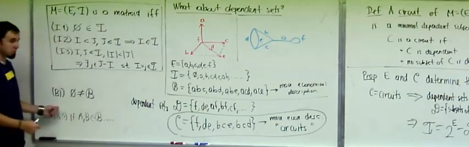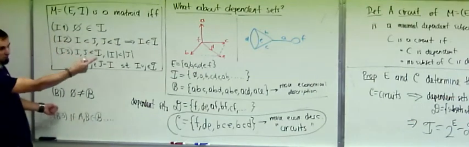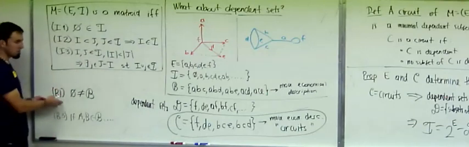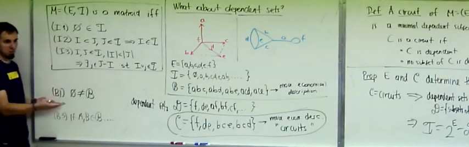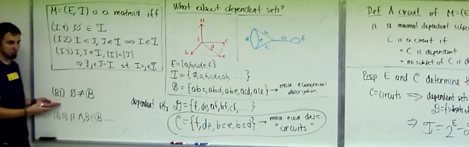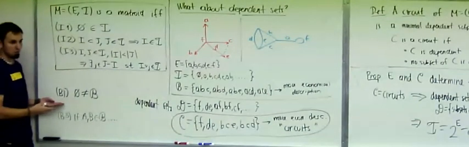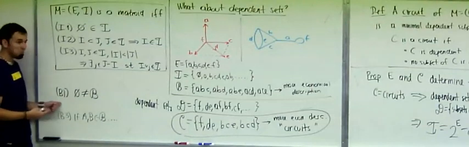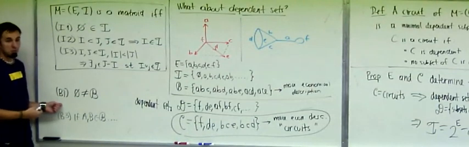What would axiom B2 be if this is I2 and this is C2? This could be an axiom that says something like a subset of a basis is not a basis, or a superset of a basis is not a basis. Why is that axiom not here? Because it's implied by this one.